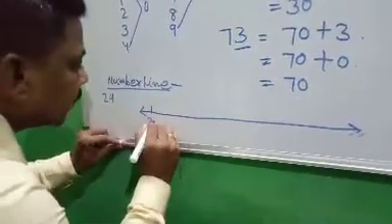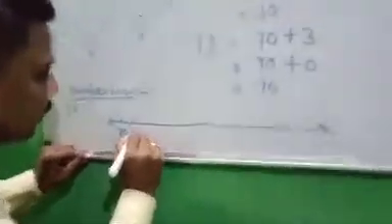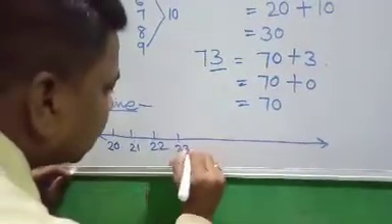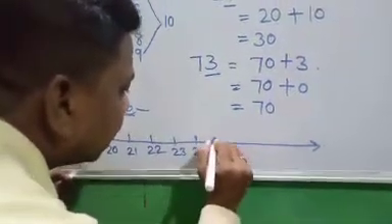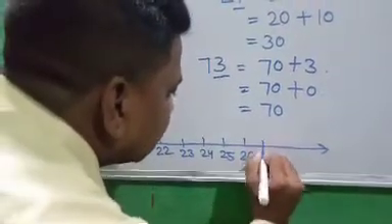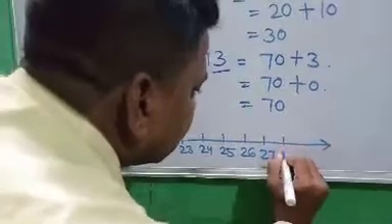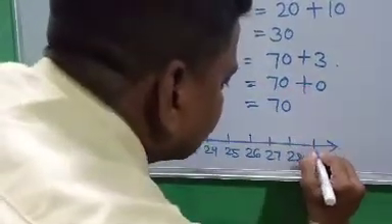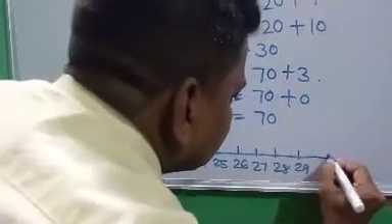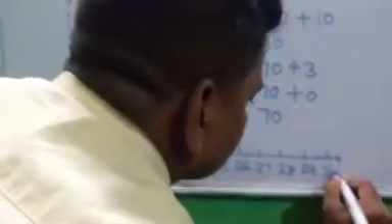So, start from 20, then 21, 22, 23, 24, 25, 26, 27, 28, 29, and then 30.